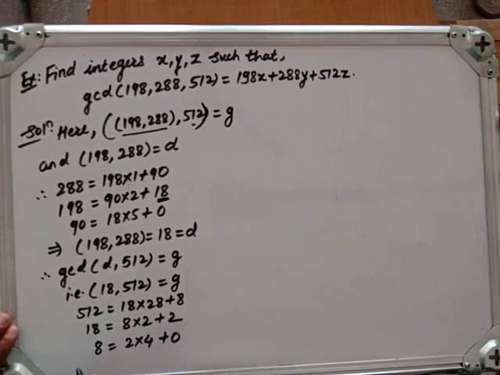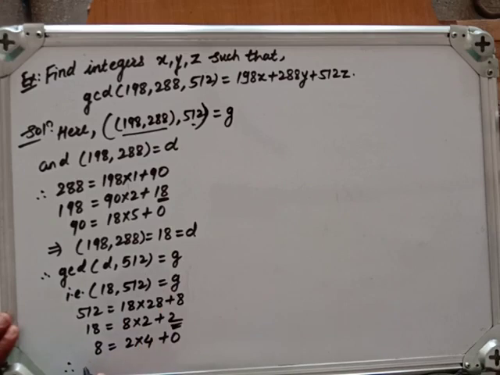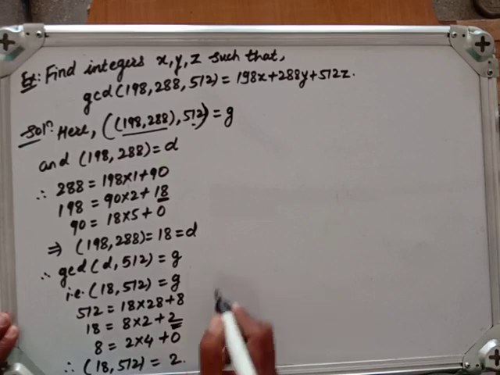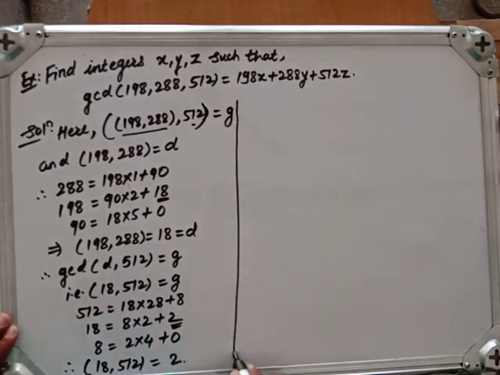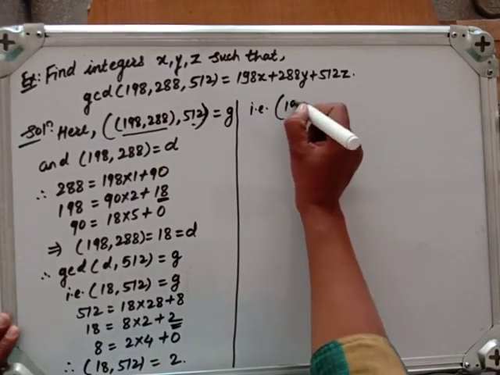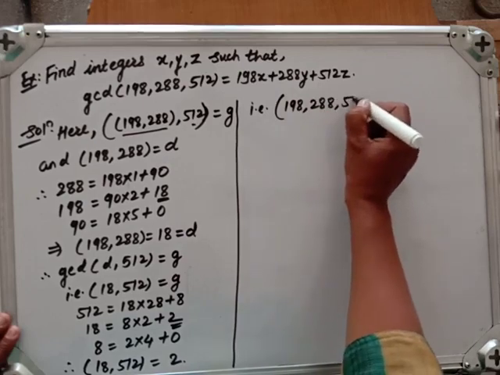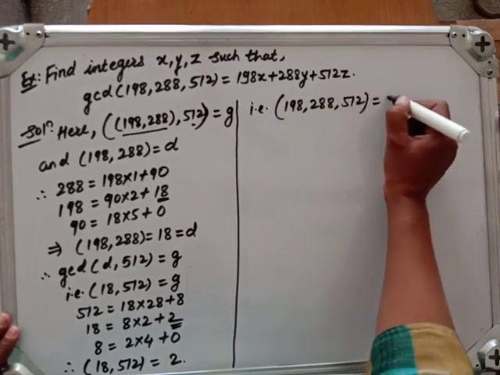Therefore here we get G is 2. That is, the GCD of 198, 288 and 512 is 2.